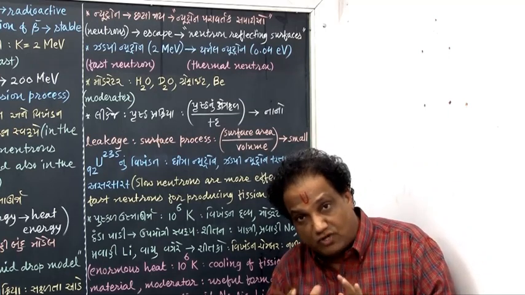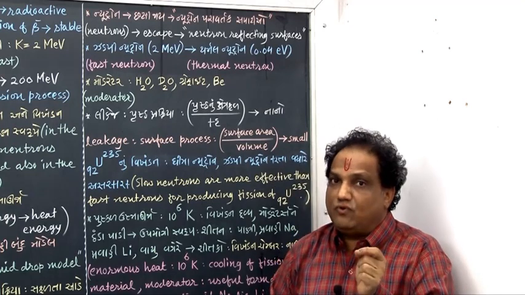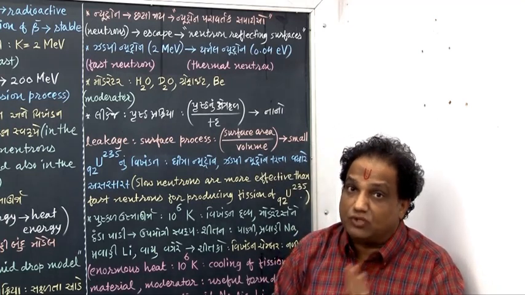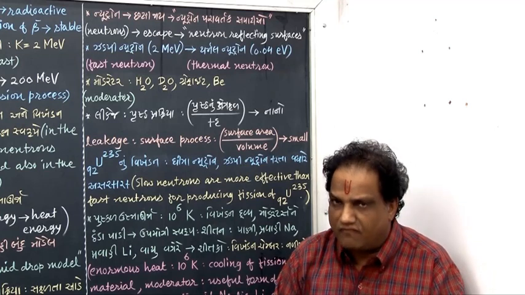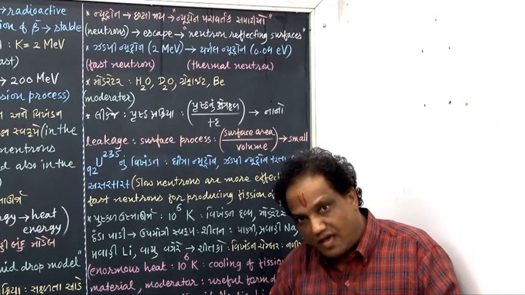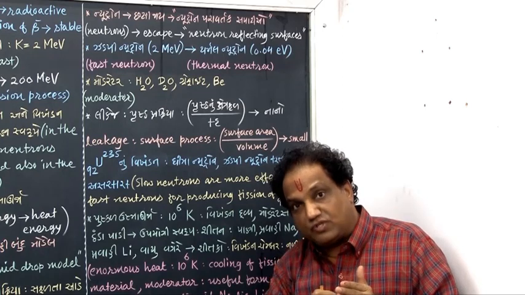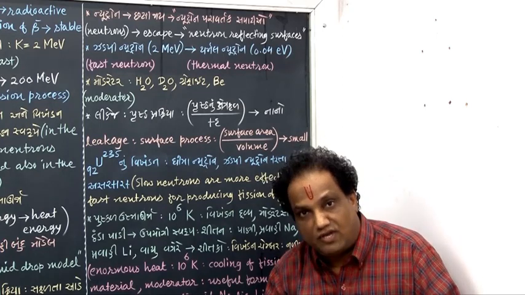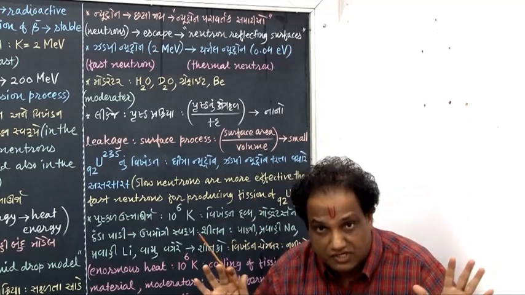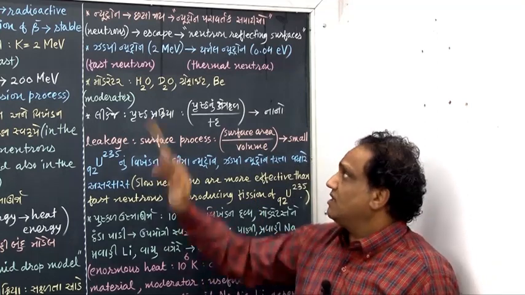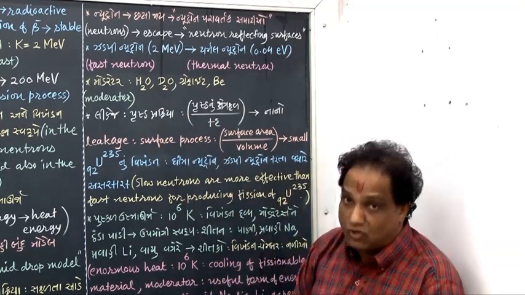What we have observed experimentally is that if you transform them into thermal neutrons having very low energy, then using those slow moving neutrons, we can produce the fissions very successfully with a very high rate. So we prefer to convert them into thermal neutrons.